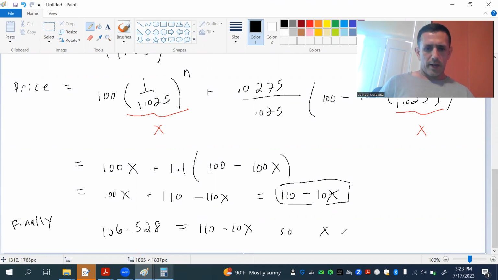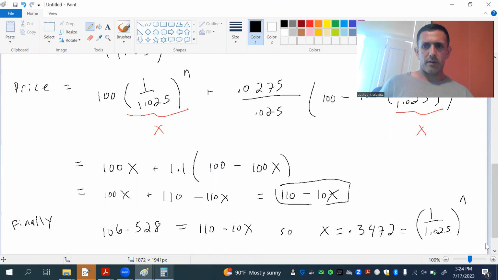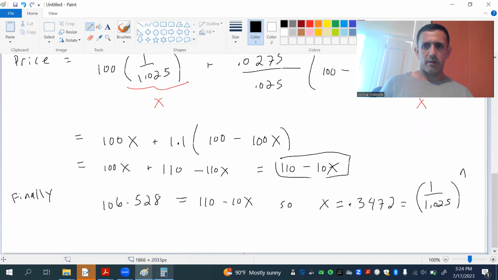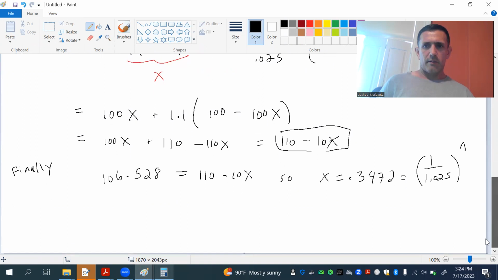All right, so we get x is 0.3472. And remember, this is 1 over 1.025 to the n. All right, so solve for n.